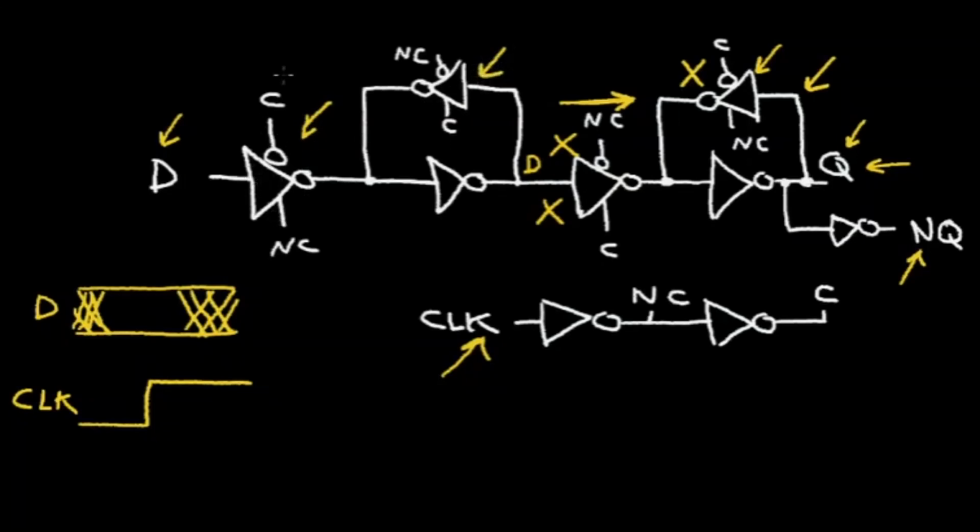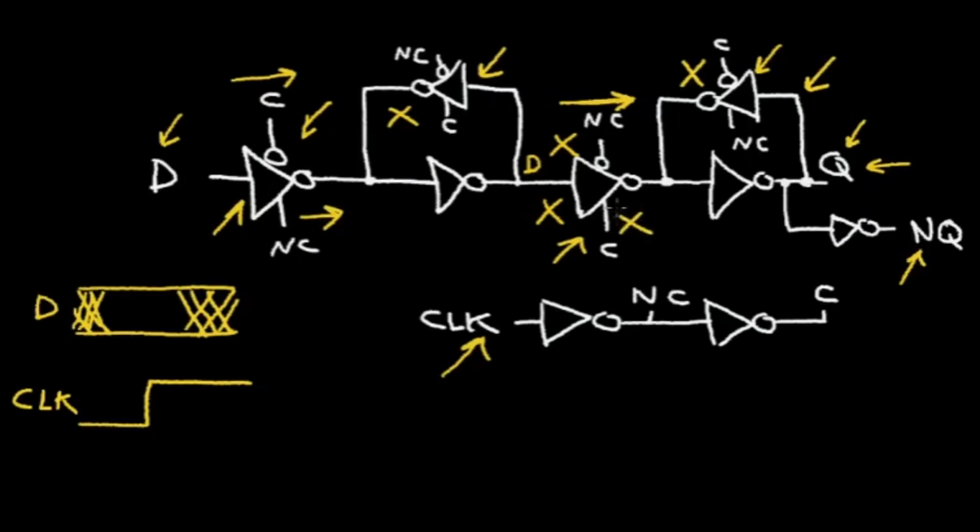So when this input tri-state driver is in the inverter mode, this other tri-state driver is in the off mode. It's not doing anything. And notice that this tri-state driver is set opposite to this tri-state driver. So when this tri-state driver is allowing data to come in, this tri-state driver is in the off condition.